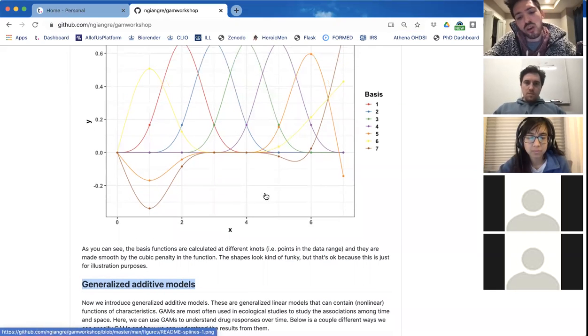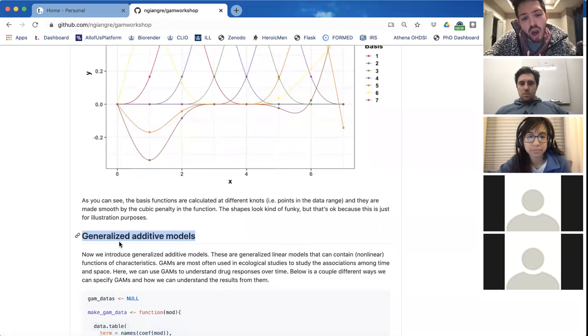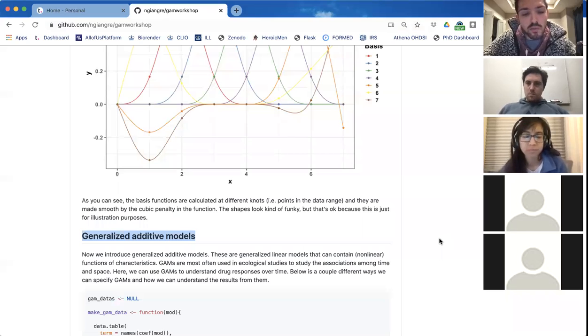Here the shapes look kind of funky, but that's okay because I'm just showing that I want to have different representations of the data within my data range and do that at the same time. And I'm going to do that with generalized additive models. These are great. These are really cool. I'm still learning a lot about them, but they are really promising.